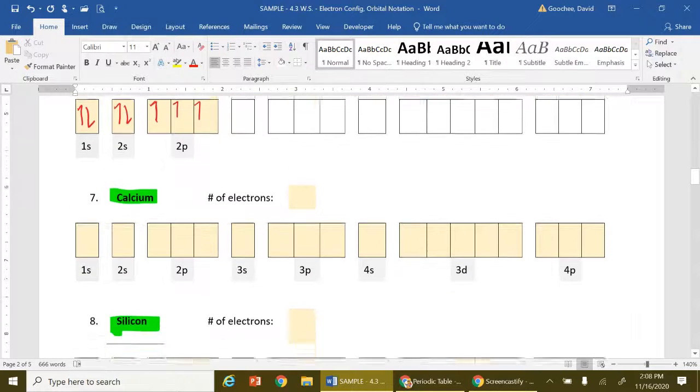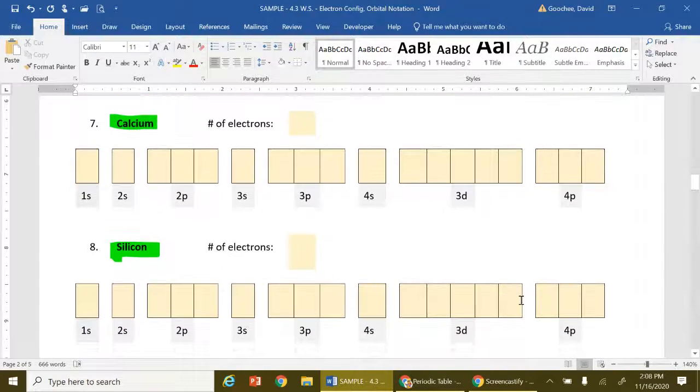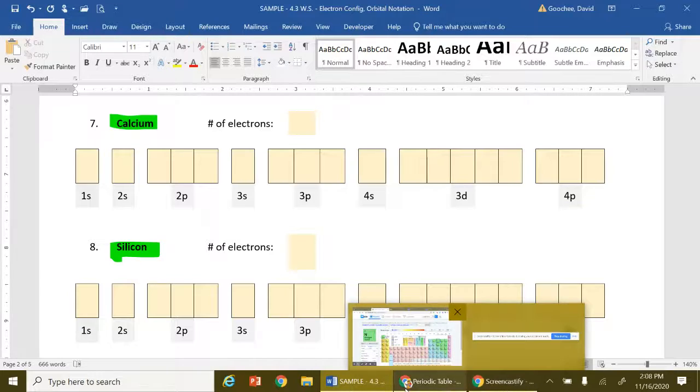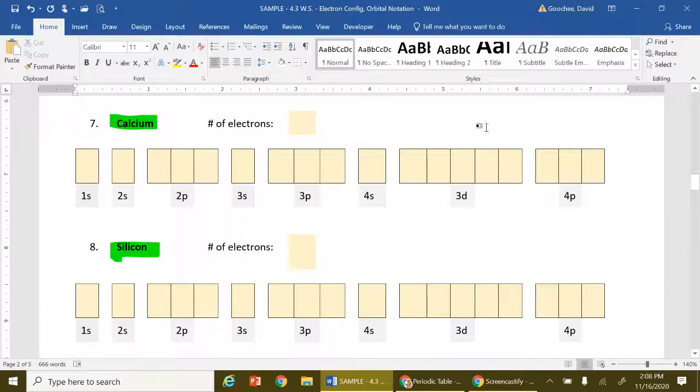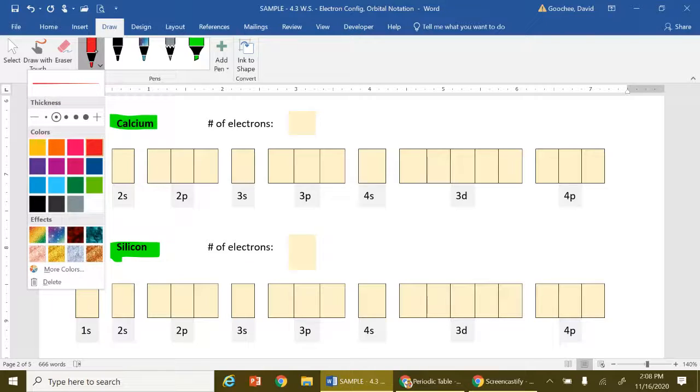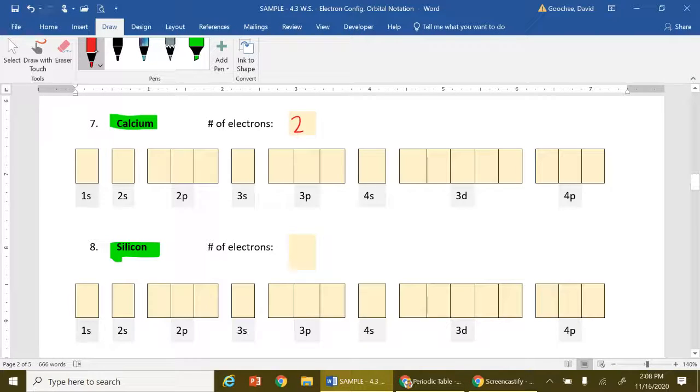Let's take a look at calcium, the next one. Calcium is element number 20, which means that it has 20 electrons, assuming it doesn't have a charge, which is the assumption we're going to work with here. So, 20 electrons. Here we go. We are going to fill each sublevel in the Aufbau order, one at a time, filling it up.